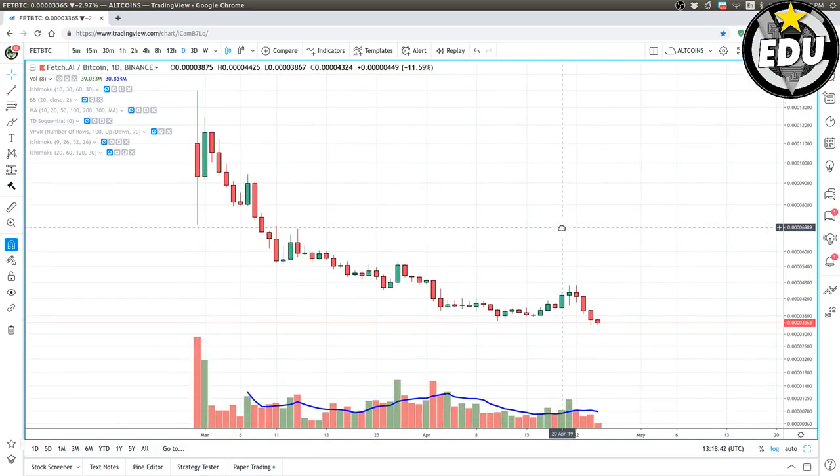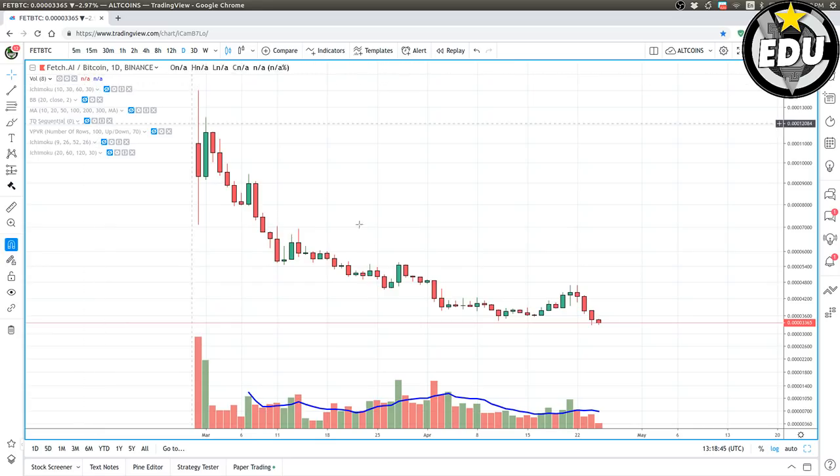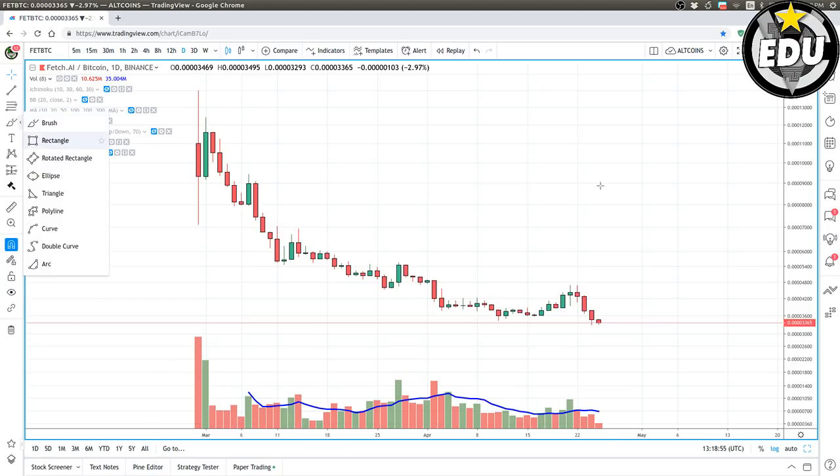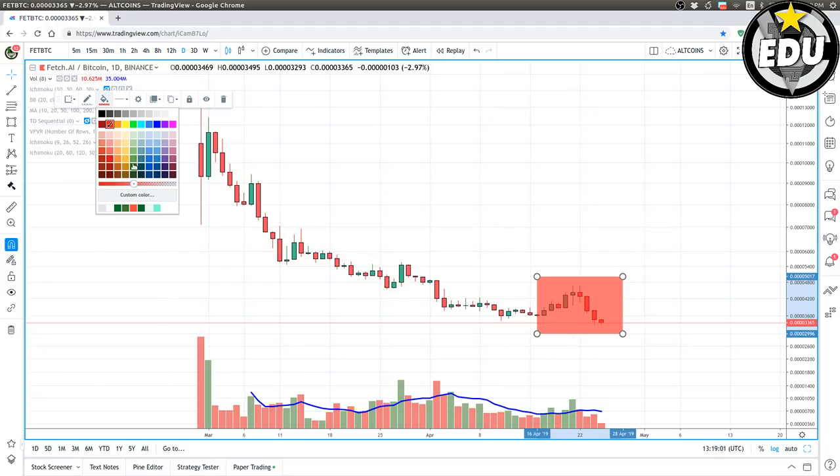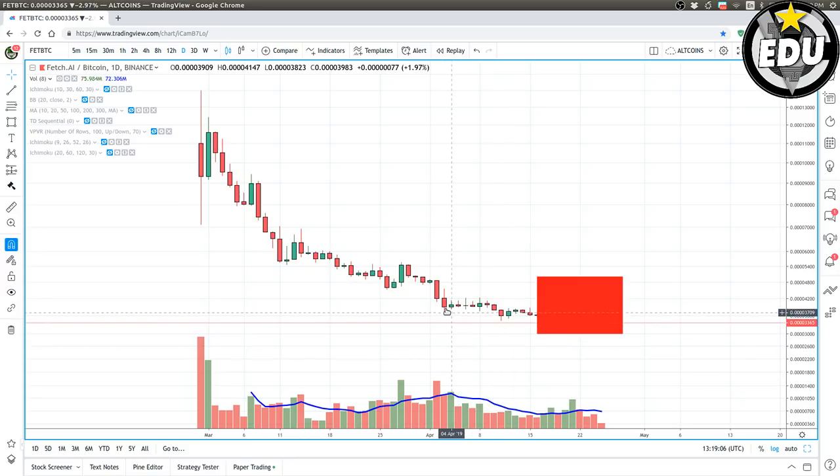In this particular trade, FAT BTC, there was some kind of sideways accumulation, but not as much as FAT USDT. So if we were here, for example, and I remove this part, the trend was starting to get flat, but not as much.